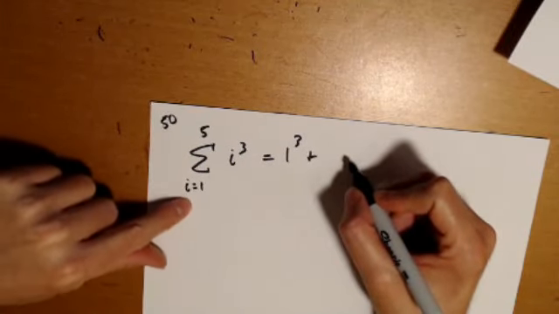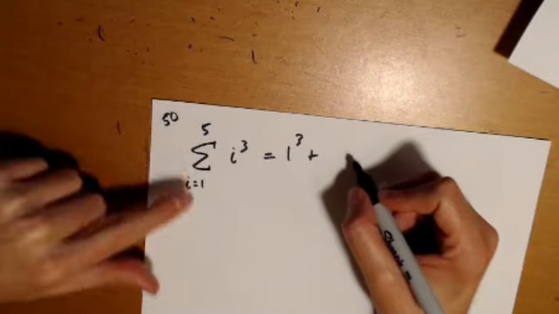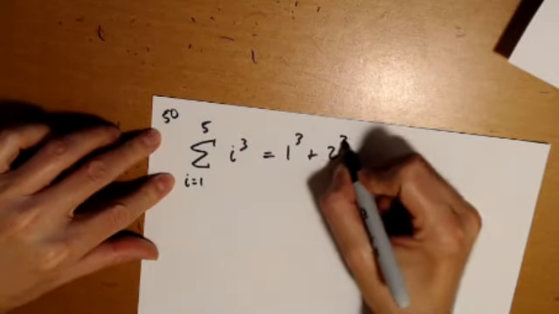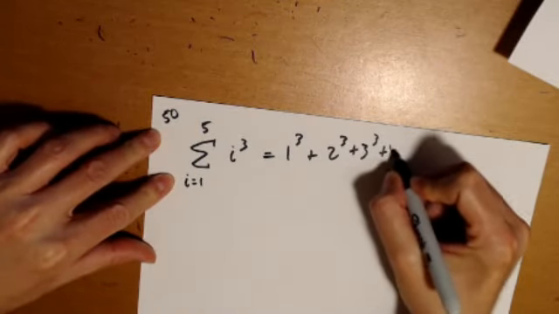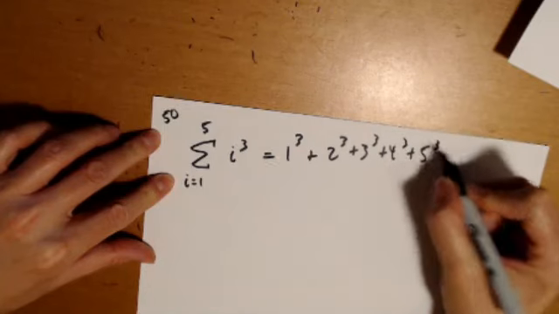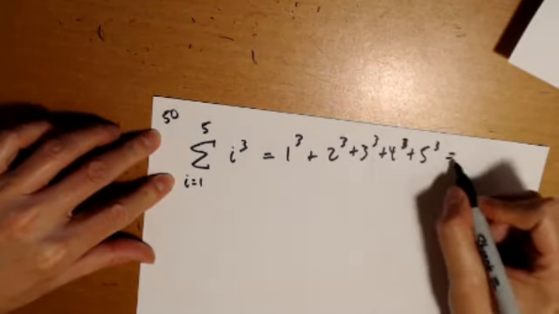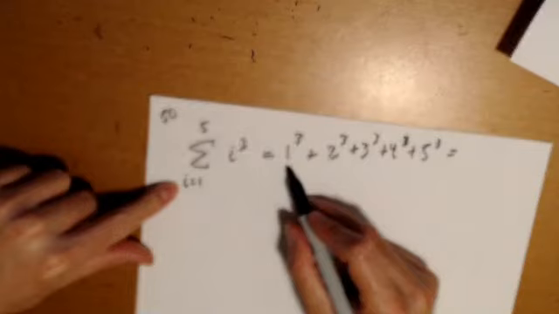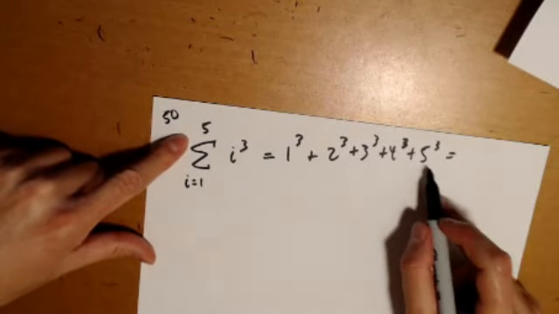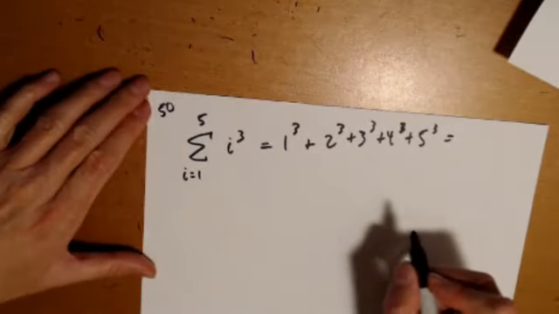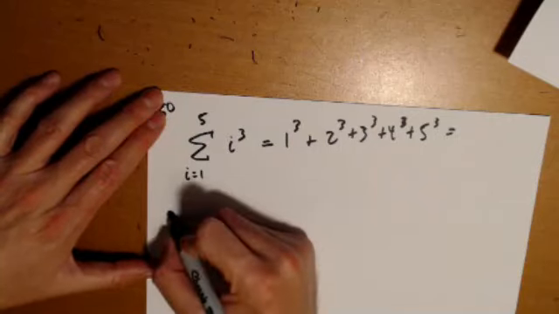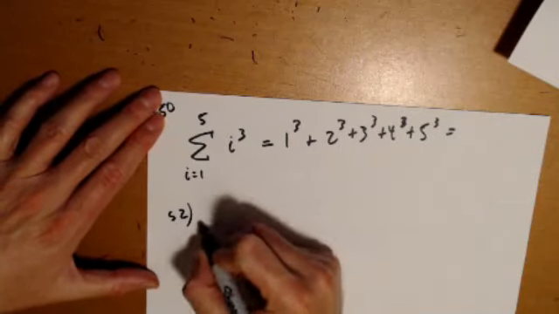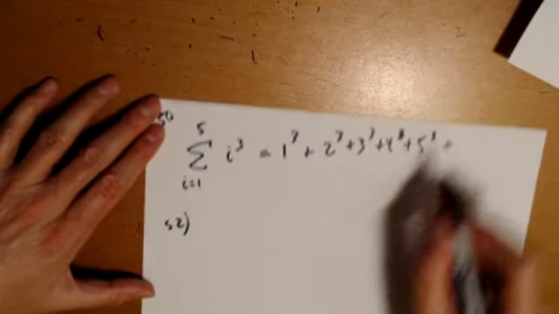And then sort of like a counter, it goes from i equal 1 to 5, so 1, 2, 3, 4, 5. So then 2 cubed plus 3 cubed plus 4 cubed plus 5 cubed. And then you just throw that all into your calculator. See how it started at 1, it ended at 5? Throw it into your calculator, get an answer. Okay, 52. I got a little lazy. You can figure out the answer there.